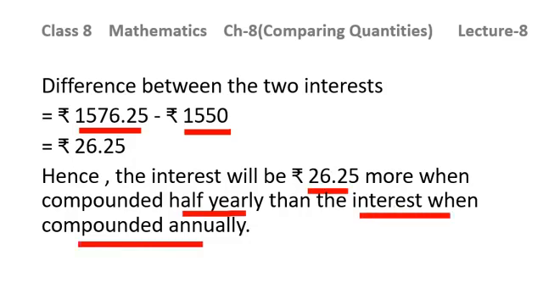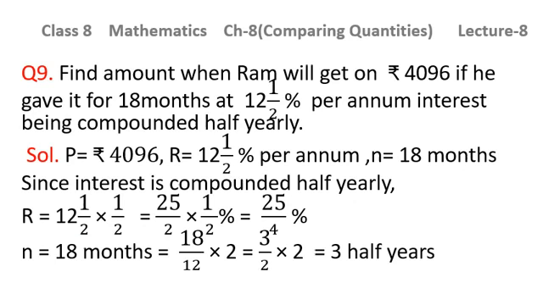This was the question. Coming to question number 9, we need to find the amount Ram will get on rupees 4,096 if he gave it for 18 months at 12 1 by 2% per annum, interest being compounded half yearly. Again, this is a half yearly question. So principal is given to us as 4,096.